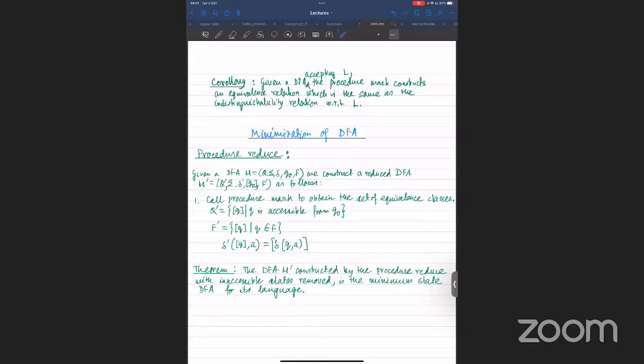So if they don't get marked, they are not distinguishable by any string. Hence the classes that you obtain after the mark procedure essentially correspond to the classes of the indistinguishability relation. Clear?